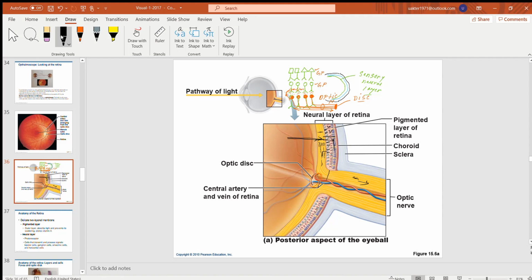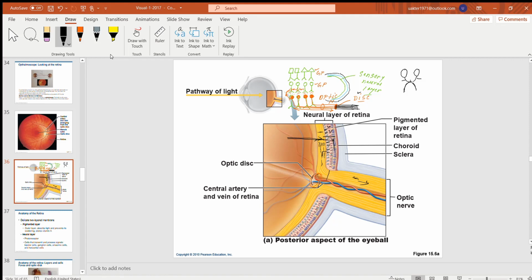Okay, so what happens here will move towards the brain, right? So the optic nerves go all the way to the geniculate body, like this. So these are optic nerves, optic chiasma or optic chiasm, optic tracts.